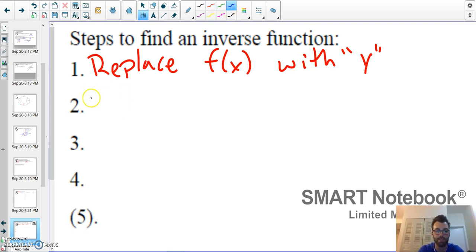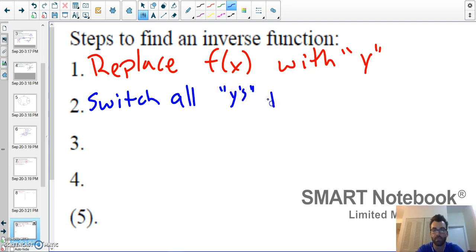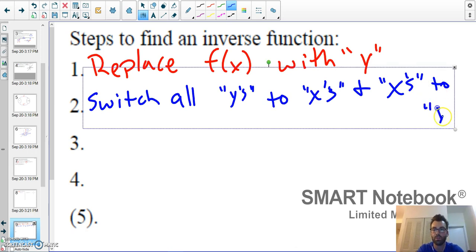Our next step is to switch all y's to x's and x's to y's.